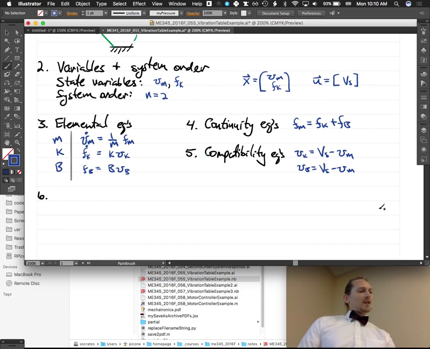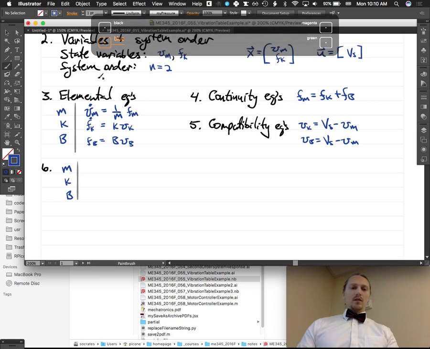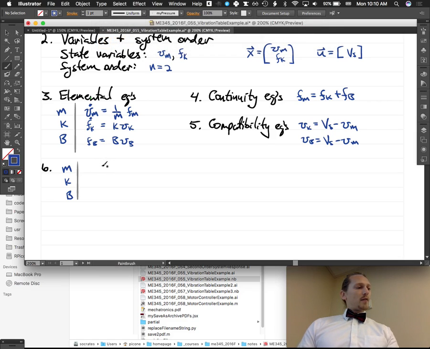Excellent. Now, step 6, we'll do some algebra. Let's draw our little column again, because it's always nice to do. So, M, K, B. We have Vm dot equals 1 over M, Fm, which is just Fk plus Fb, right?